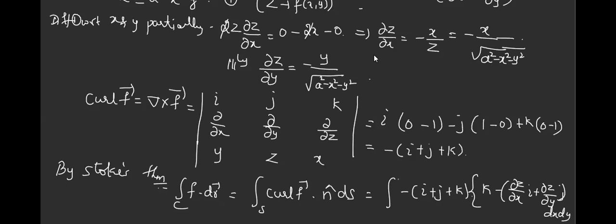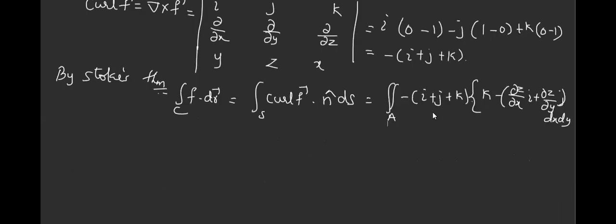When you write dx dy, better write it as a double integration over the region A. Yeah, this is one vector, this is another vector. Okay, now substitute the values. This is minus, I'll write it out. Double integration over A, (i plus j plus k) dot product with k.